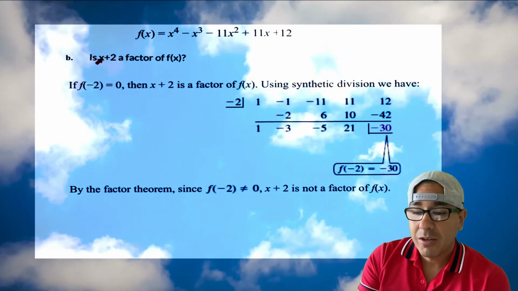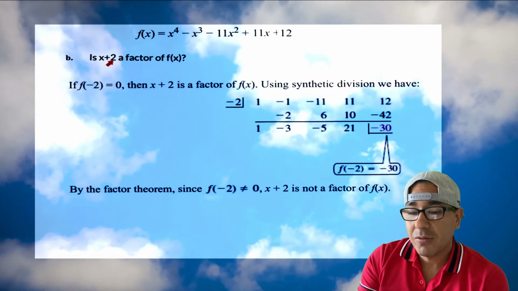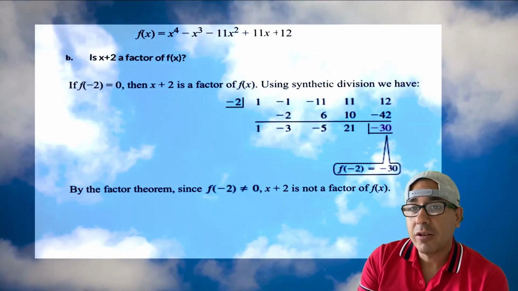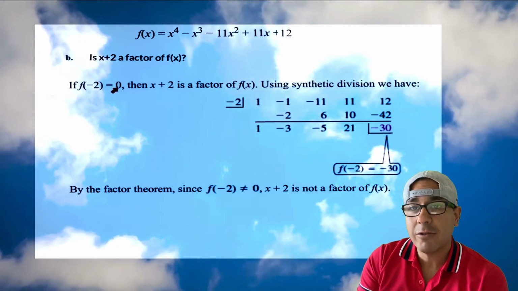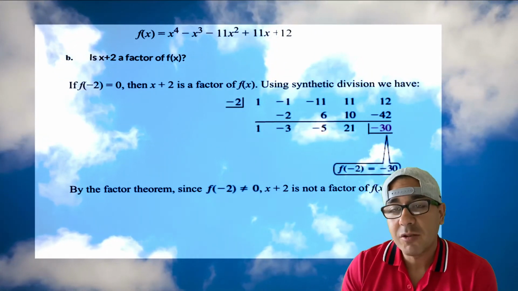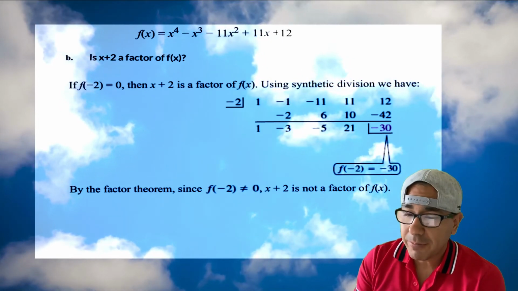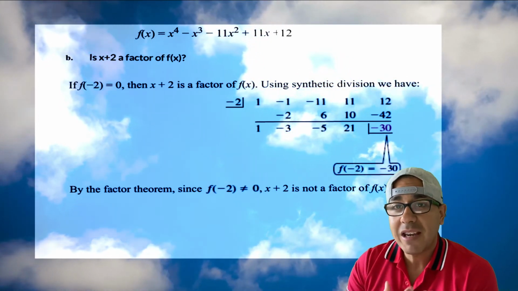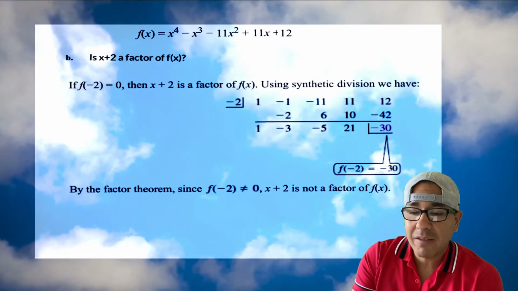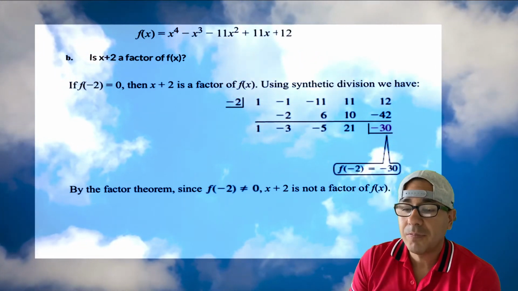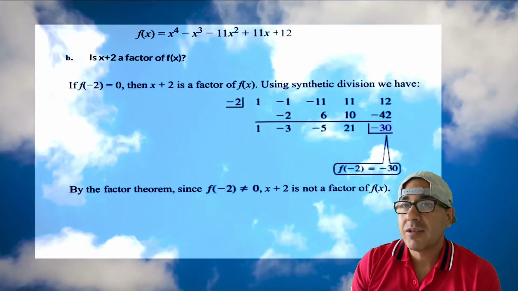You plug f of -2 into the function and you see what output you get. Is it a 0? I'm also using the remainder theorem in combination with the factor theorem so I can save some time and not actually plug in the -2. Instead, I can use synthetic division.